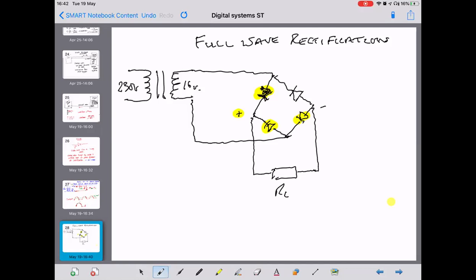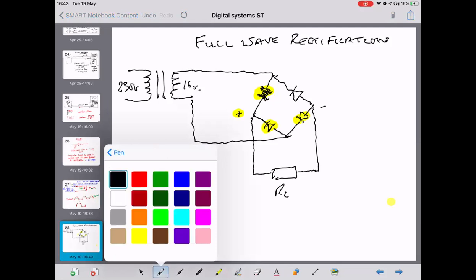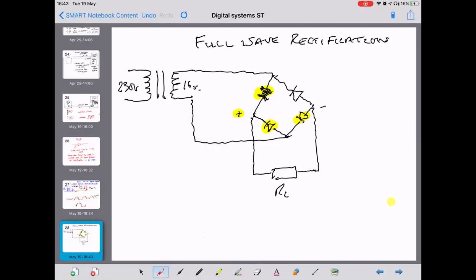So again, if we take a red half cycle, positive half cycle, of the AC waveform, in that half cycle, current goes down this wire here, down this diode, through the load, through this diode, right, back up here and back to there.